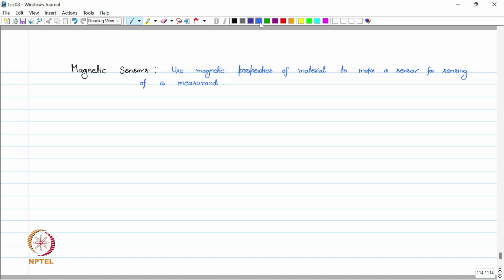So the first one in this is magnetoelastic properties or magnetoelastic effect.